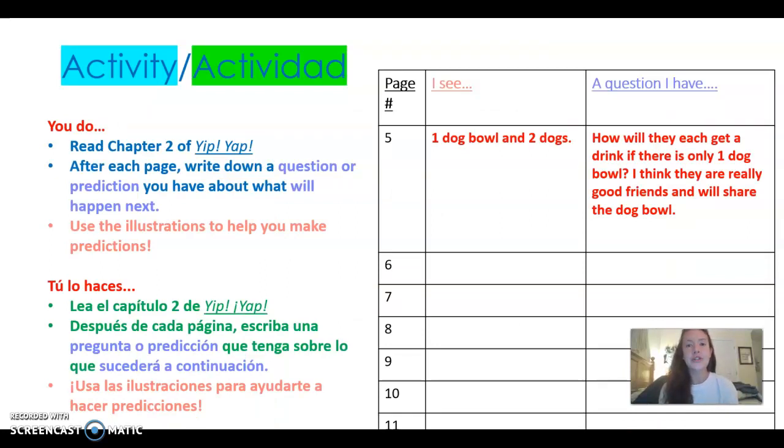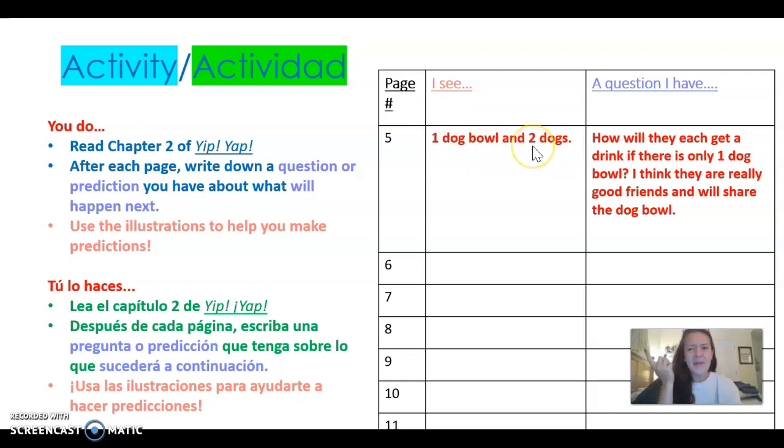You are actually going to read chapter 2 today also. And after each page, you're going to write down a question or a prediction you have about what will happen next in the story. On page 5, I looked at the illustrations and I saw 1 dog bowl, but I saw 2 dogs.